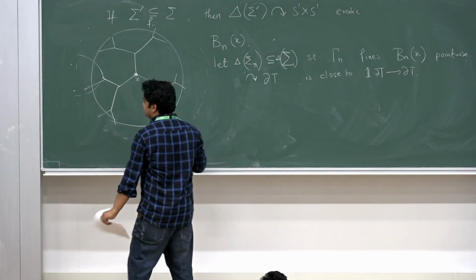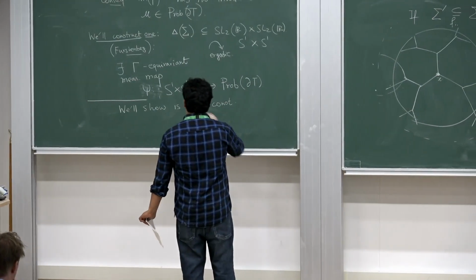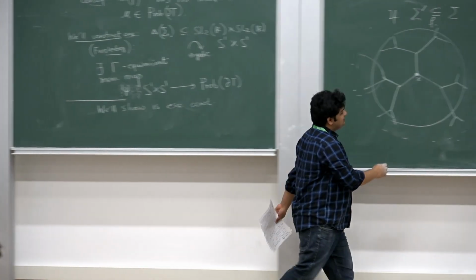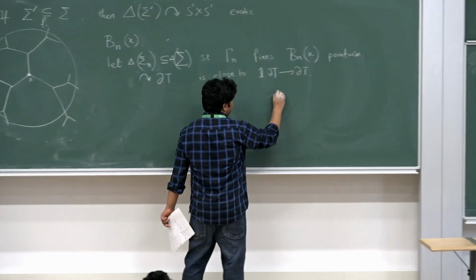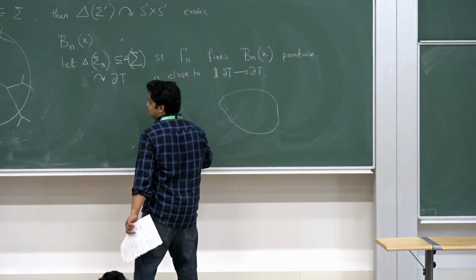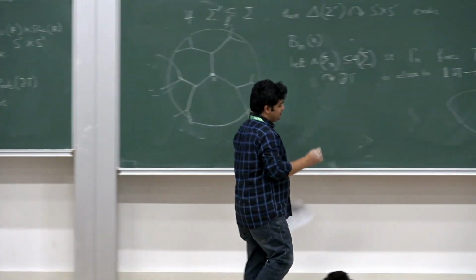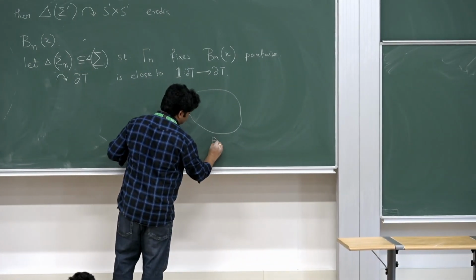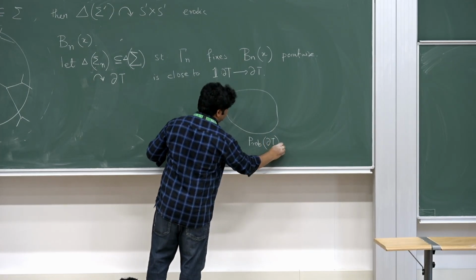Okay, so now this map is obviously also sigma n equivariant. If we expected this map not to be a constant map, then we can think about the space of probability measures on the boundary.